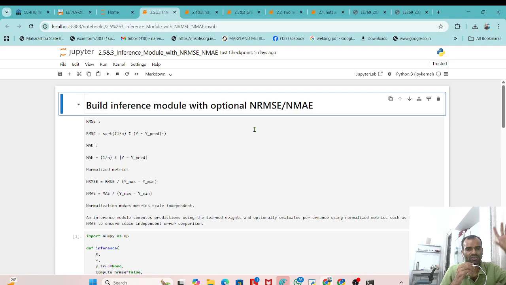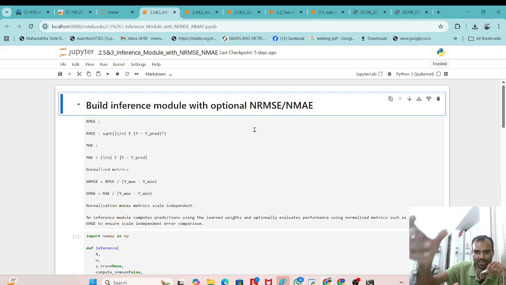Some features, say our salary, are in thousands. Another feature, say I want to buy a house, that time the house value is in lakh or crore, right? So the scale of the measurement is different.